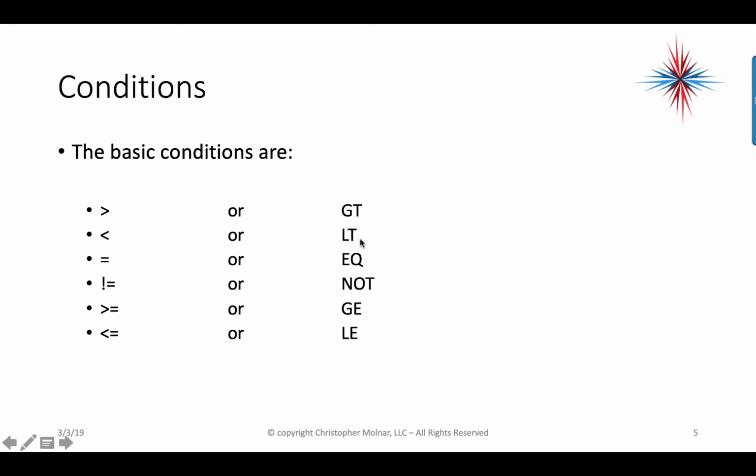Less than could be written as LT. Equal could be written as EQ. Not equal could be written just as not. Greater than or equal, GE. Less than or equal, LE. Those are our basic conditions. We can evaluate every single input for something conditionally based on these conditions.